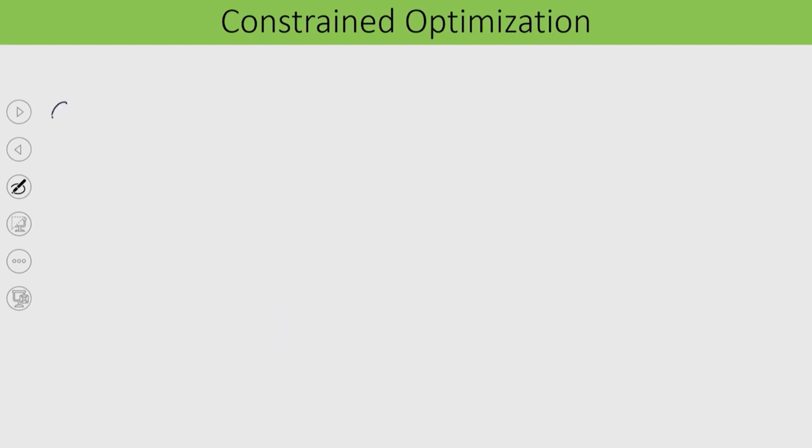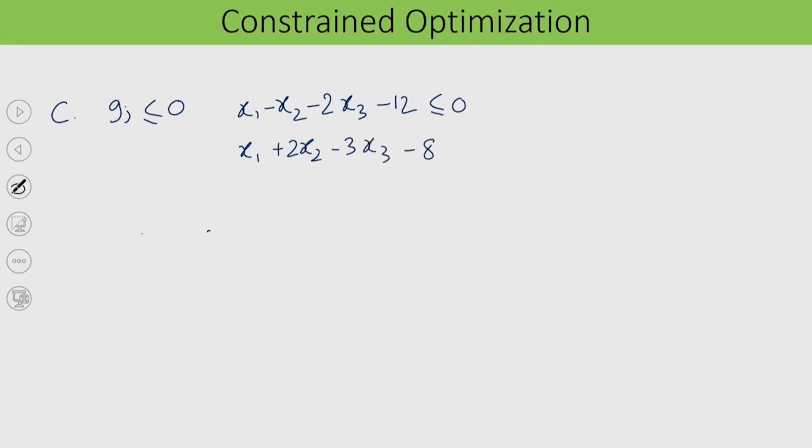Now, if you apply the third condition, that is z j is less than or equal to 0, then I am getting that x 1 minus x 2 minus twice x 3 minus 12 is less than or equal to 0, and x 1 plus twice x 2 minus thrice x 3 minus 8 less than or equal to 0.